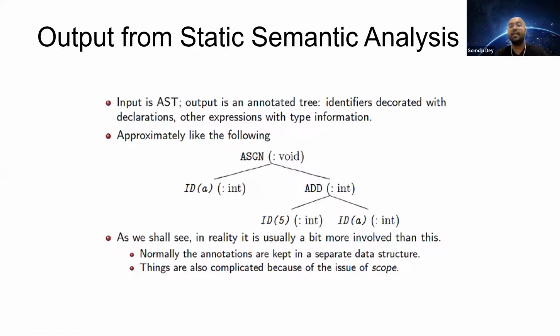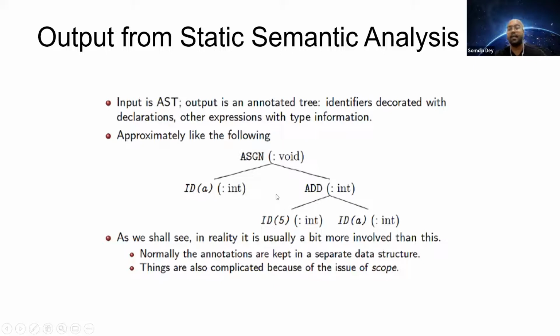That being said, in the practical sense, it's not this easy. We will shortly see in the lecture that in reality it's usually a bit more involved than what's shown here. But for theoretical purposes, let's call this the output from static semantic analysis.